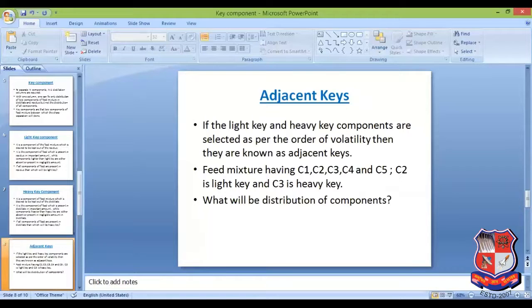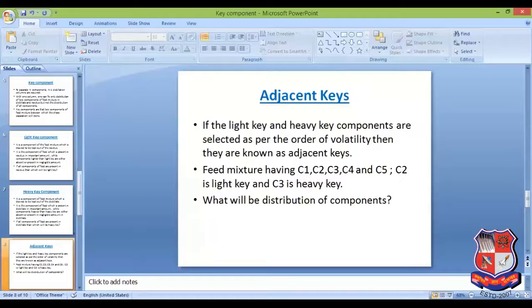See, adjacent keys. If the light key and heavy key components are selected as per the order of volatility, then they are known as adjacent. Take an example. Say the feed mixture has C1, C2, C3, C4 and C5. That means methane, ethane, propane, butane and pentane.